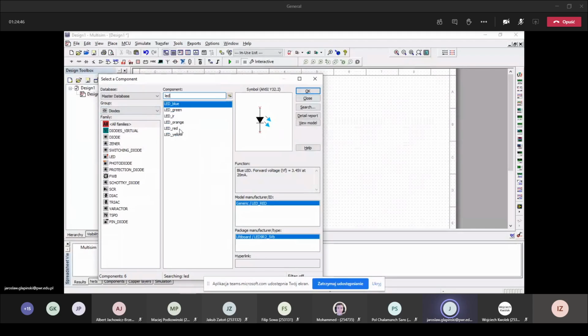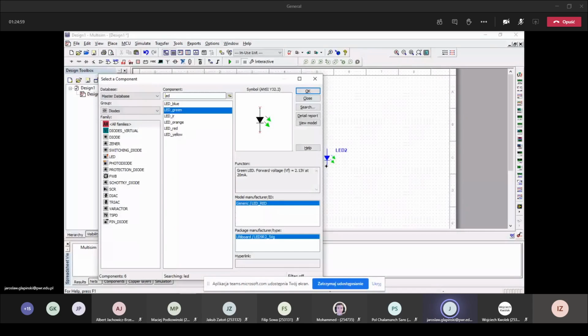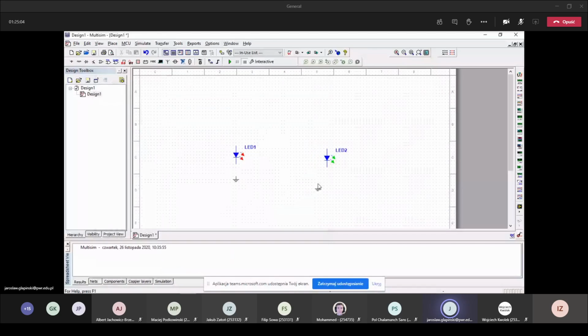Let's say we start with the red one, okay? And we put a green one. I would like to check the voltage-current characteristic of these elements, because it explains to us what's going on.